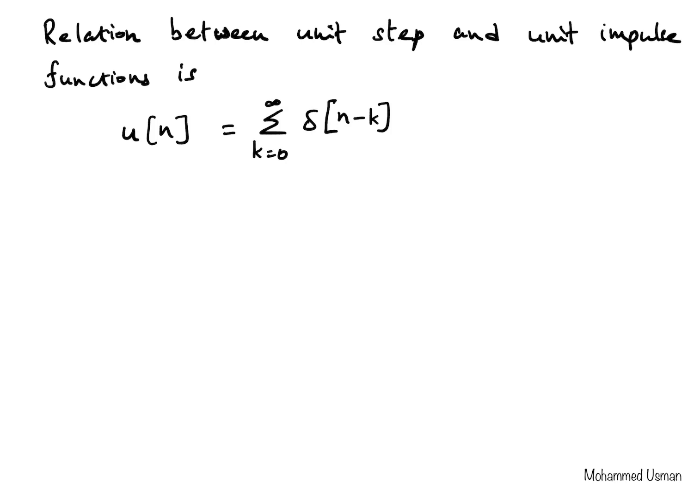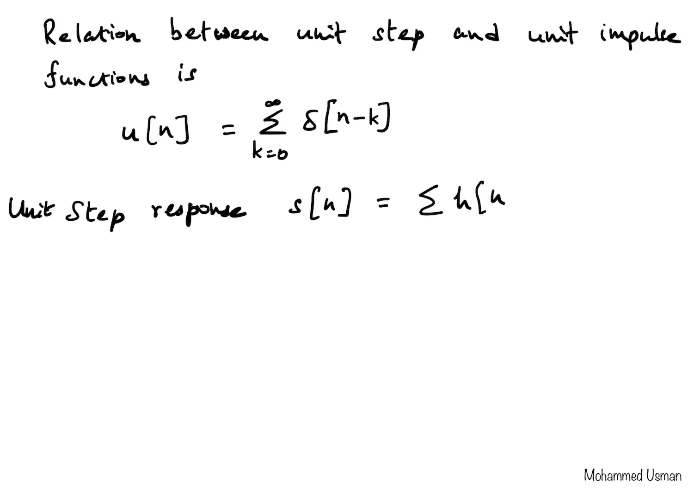So we see that the unit step response s of n is the summation of the unit impulse responses h of k for k equals minus infinity up to the sample number n for which we are finding the output s of n.